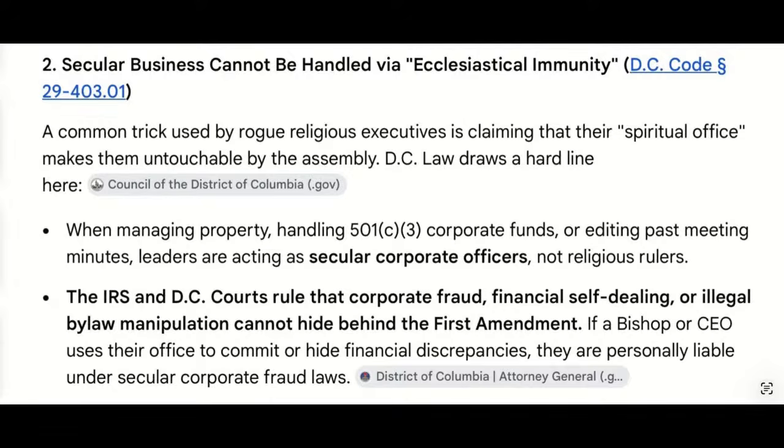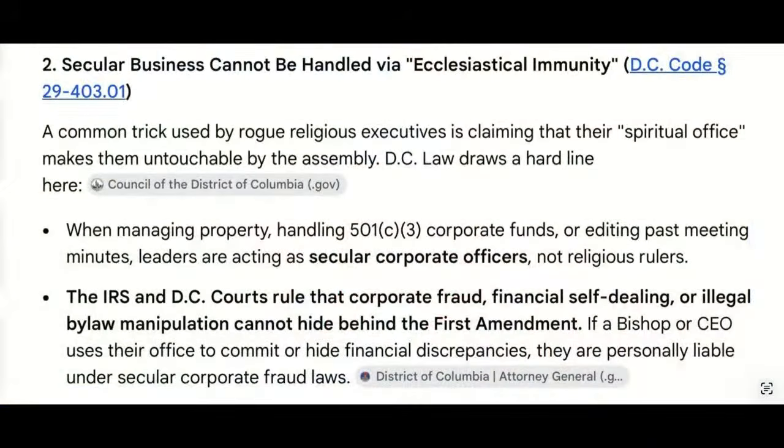Secular business cannot be handled via ecclesiastical immunity. You cannot take care of non-religious business using ecclesiastical immunity.